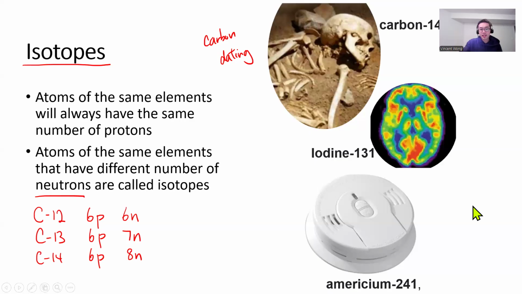Once all the radioactive isotope breaks down, it's not going to be functional anymore, and you're going to have to replace it. These radiations are very minimal. It's not dangerous. It's not going to cause you any health problems. So these are some examples of where you would use isotopes in everyday situations.